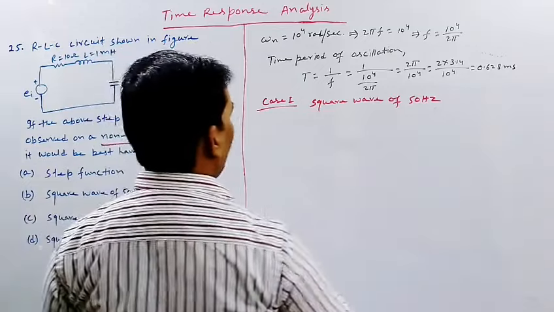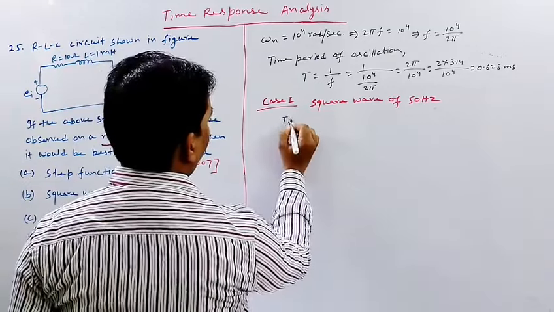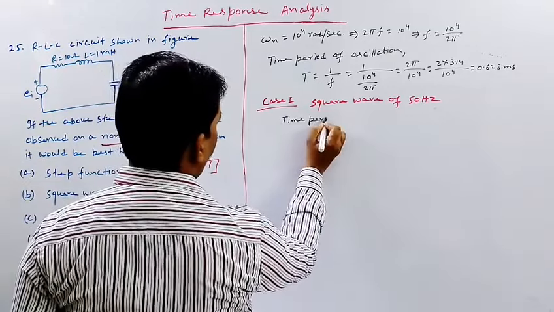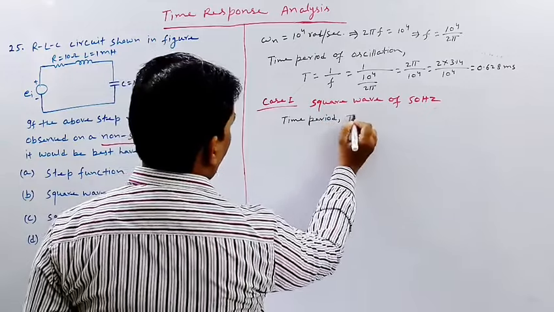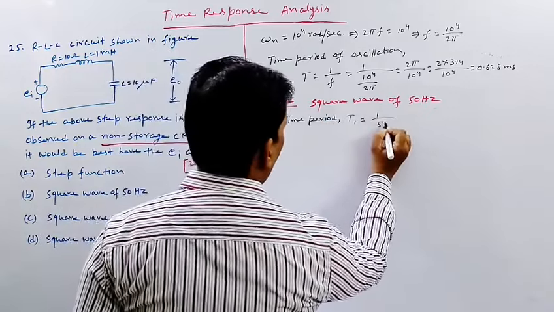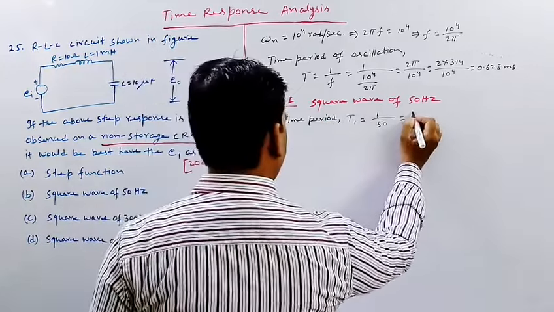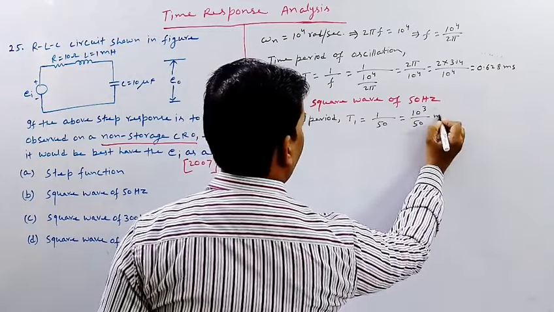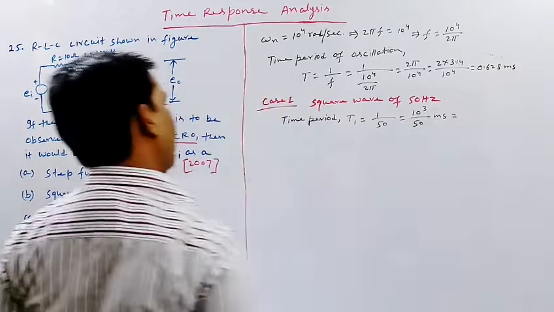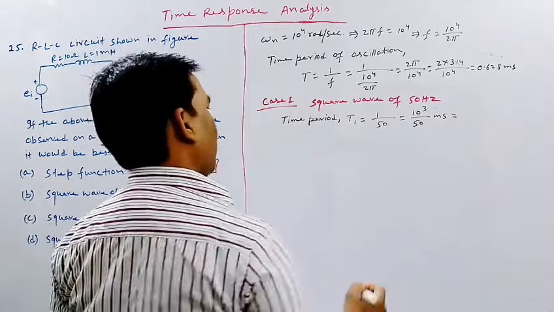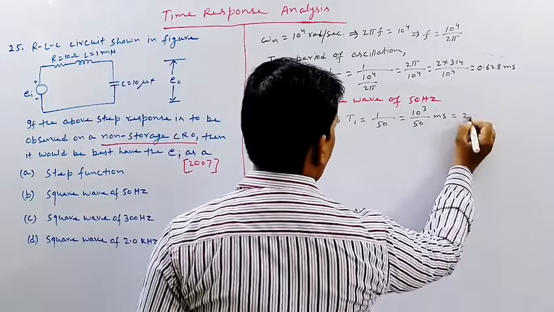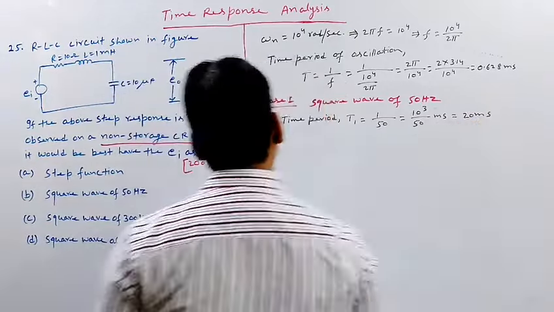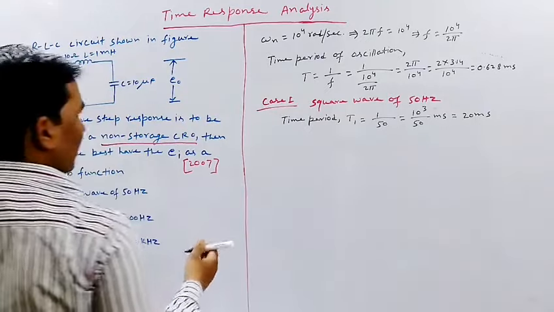Let me denote the time period as T1. T1 will be 1 by 50, so it will be 10 to the power 3 by 50 millisecond, which is 20 millisecond. So the time period is here 20 millisecond.